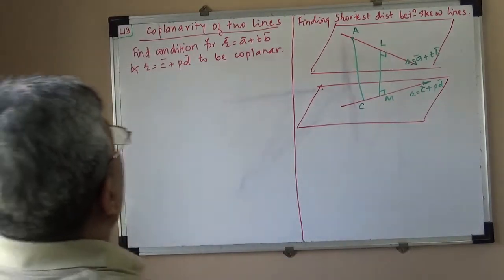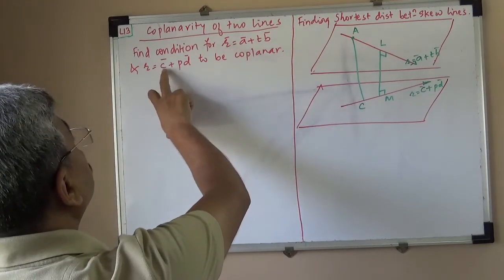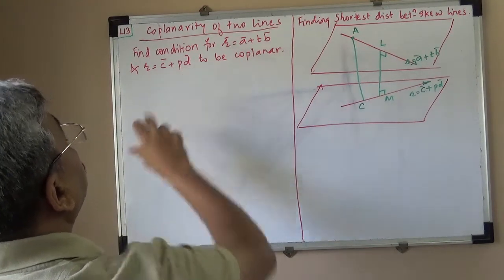So we have been given two lines, R is equal to A plus TB and R is equal to C plus PD.